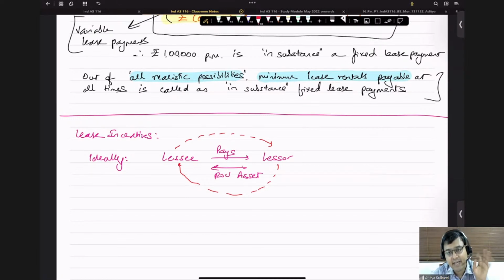So finally he gave an ad: I will pay 1 lakh rupees to that person who agrees to take my property on rent. I will give one month's rent if he agrees to take my property on rent. So this is a payment, an incentive, which is given to the lessee by the lessor.